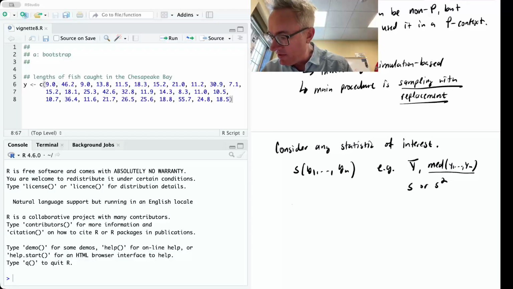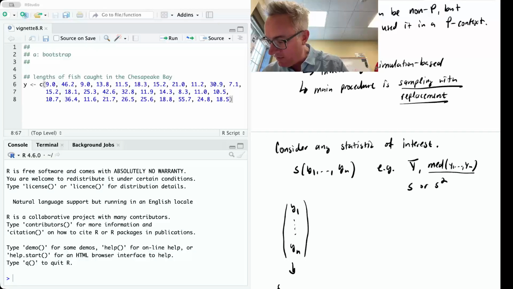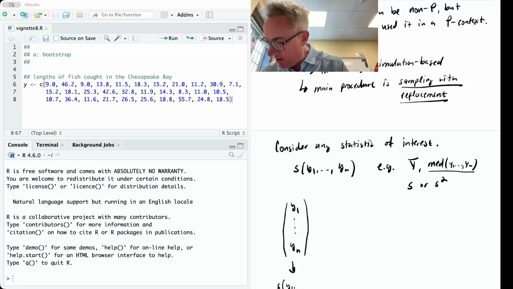I'm going to represent the data as a column of values. So those are the data values. And with that column of values, I could calculate the statistic that I'm interested in, like maybe the median. Okay? Or I could randomly resample. So let me draw some arrows here. Dot, dot, dot.